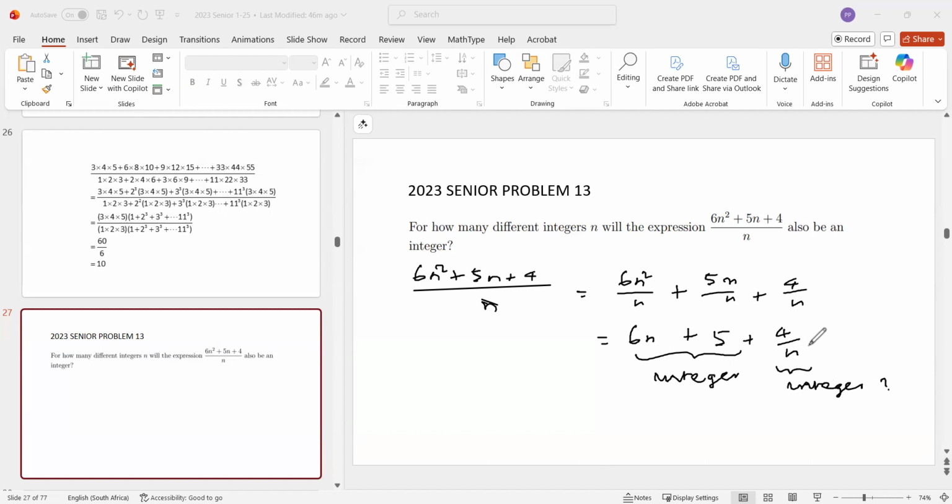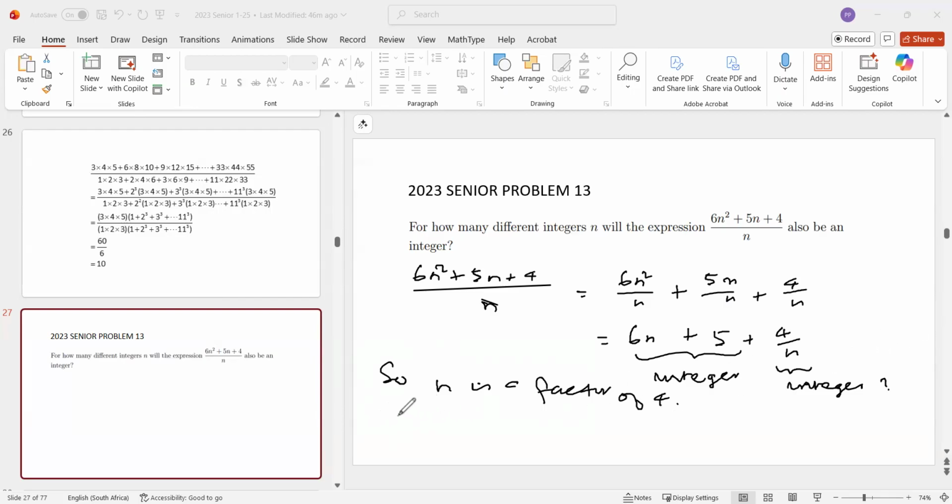The sum of two integers is an integer. Now, when is 4 over n an integer? It is provided n is a factor of 4.